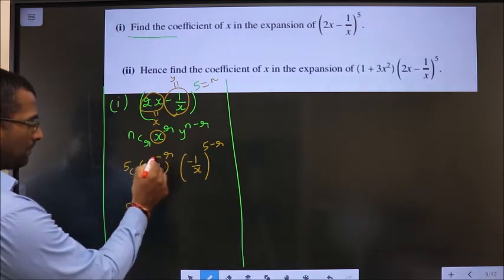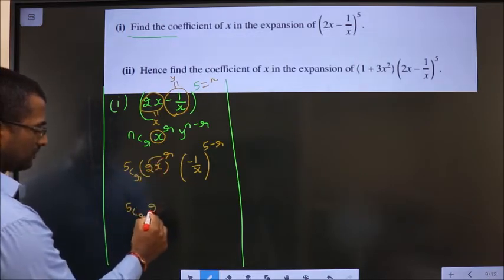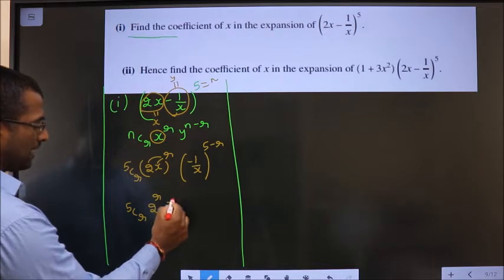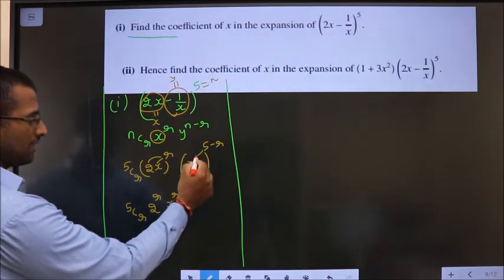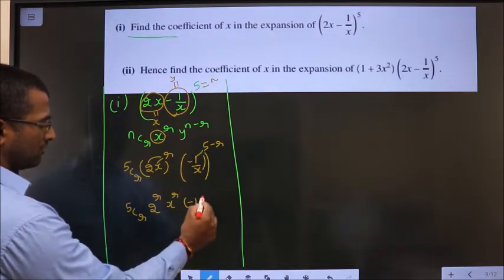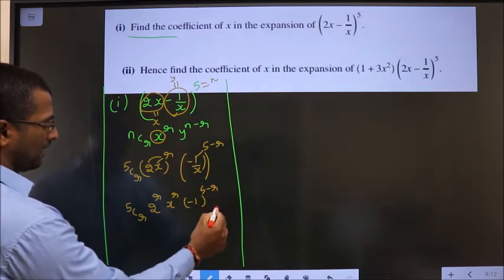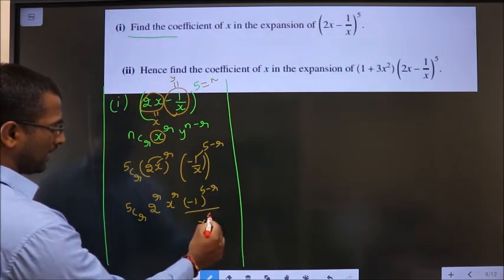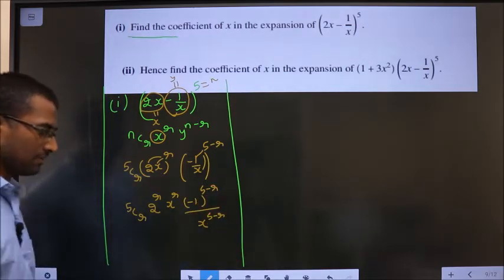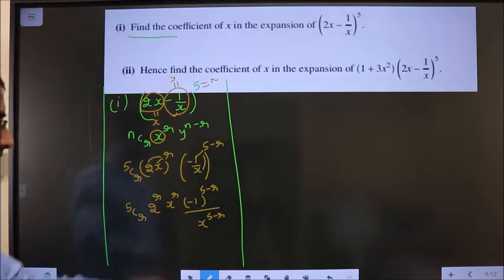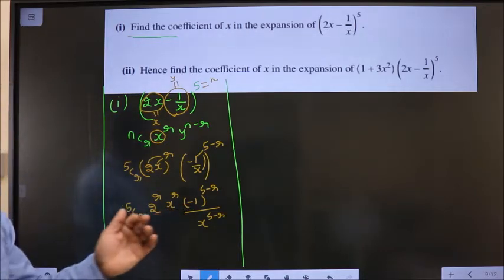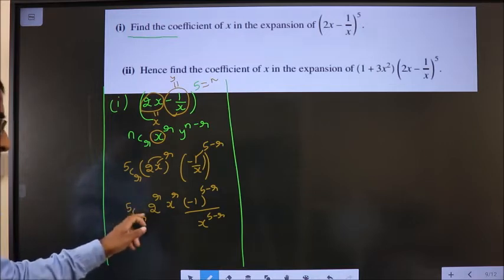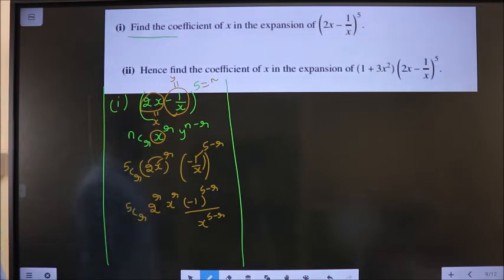5Cr, apply the power to each. So (2^r)(x^r), same here, (−1)^(5−r) by x^(5−r). For a negative number, the bracket is a must. If it is positive, you don't need to put the bracket.